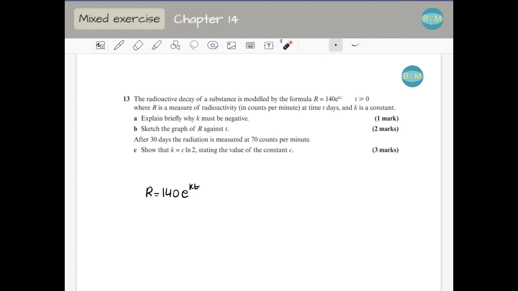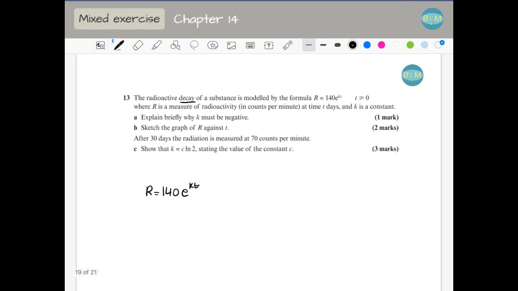This is because it says decay, yeah? So it means the radioactivity must decrease with time. If it must decrease, our graph needs to be doing something like this. It's an exponential, but with this value negative. And I would just say because it's decay, so it's representing decay, so it must decrease.